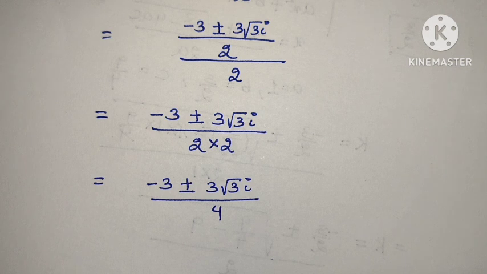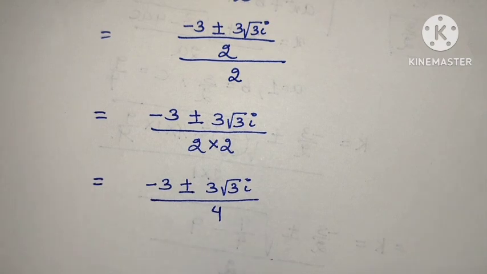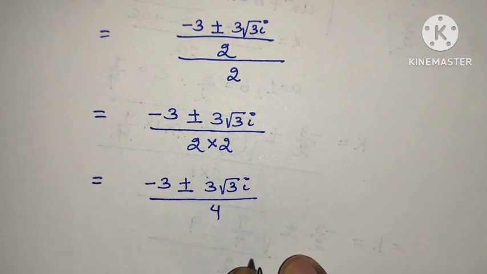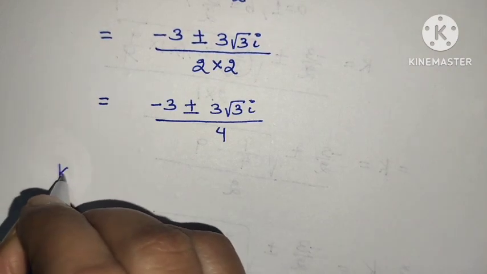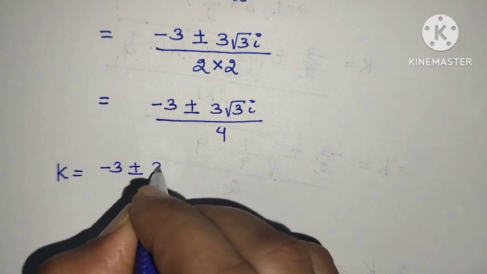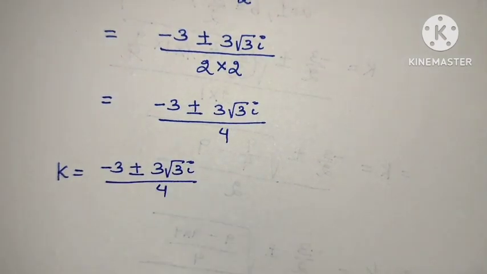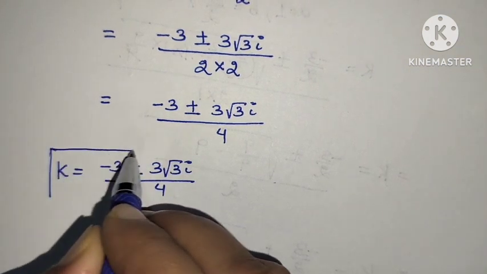We find out the values of k. Yes, this is one value and one value is 3 by 2. Then the values of k are minus 3 plus minus 3 root 3 i divided by 4, one value of k.